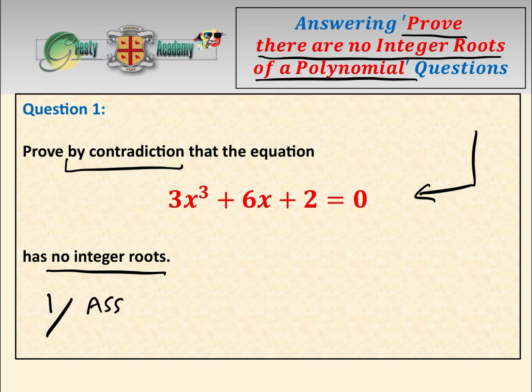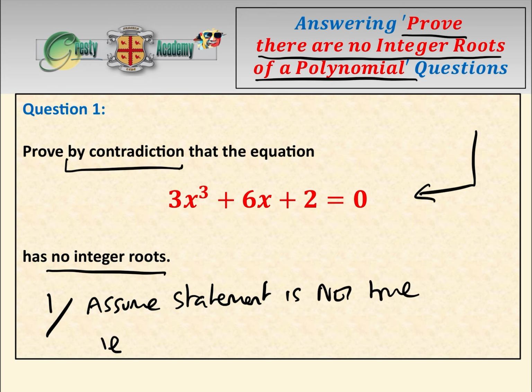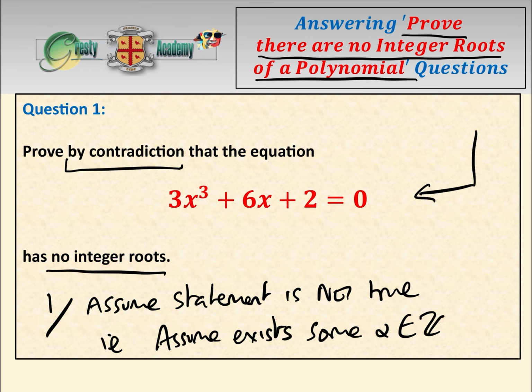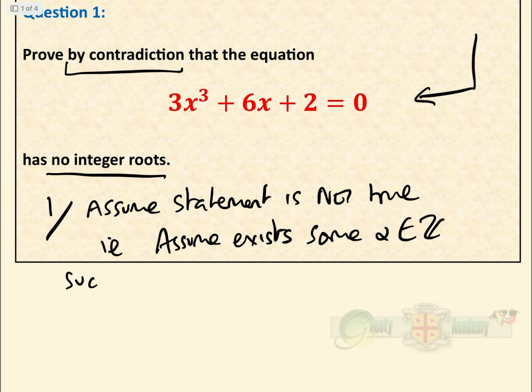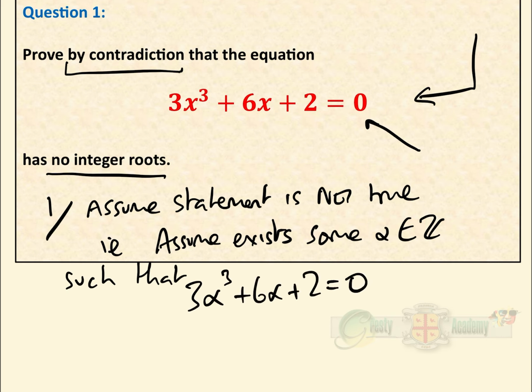Step number 1 in our proof by contradiction is that we assume the statement is not true, i.e. we assume that there exists some integer alpha contained in the integers such that, as it is a root, 3 alpha cubed add 6 alpha add 2 equals 0.